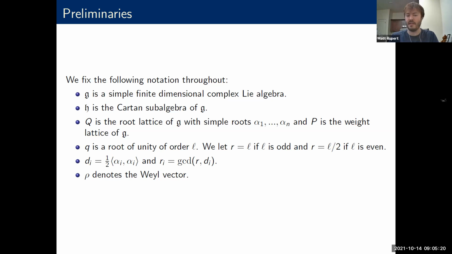Q will be a root of unity of order L, and when L is odd, we'll define R to be L, and when L is even, R is 1/2 L. Then D_i are the integers symmetrizing the Cartan matrix, so they're just 1/2 the lengths of the simple roots. And r_i will be the greatest common divisor of R and D_i. This will appear in the definition. And rho is the Weyl vector, as usual.